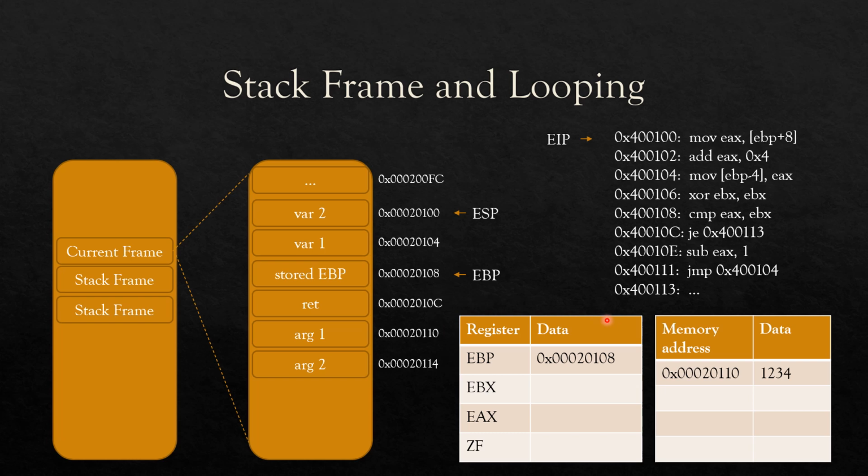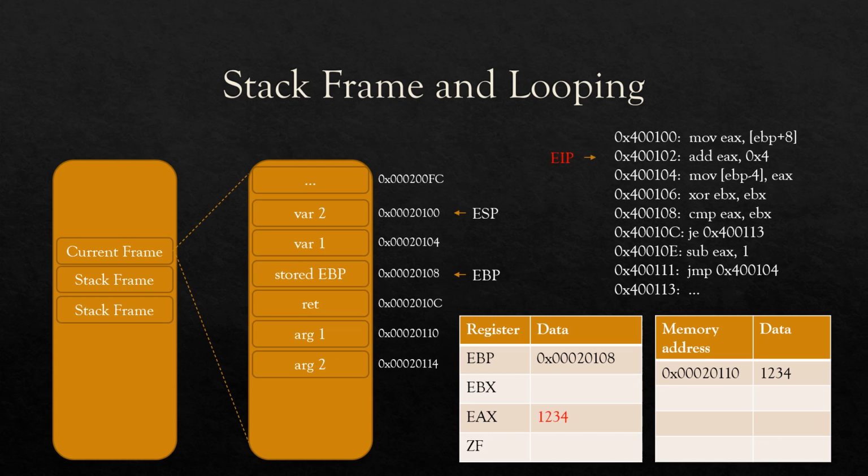So this is actually the data that's being passed in for argument 1. And then in the upper right, we have the instructions that we're going to execute. So the instruction pointer is pointing to this first instruction, and that instruction is a move. So we'll move the address at EBP plus 8 into the register EAX.